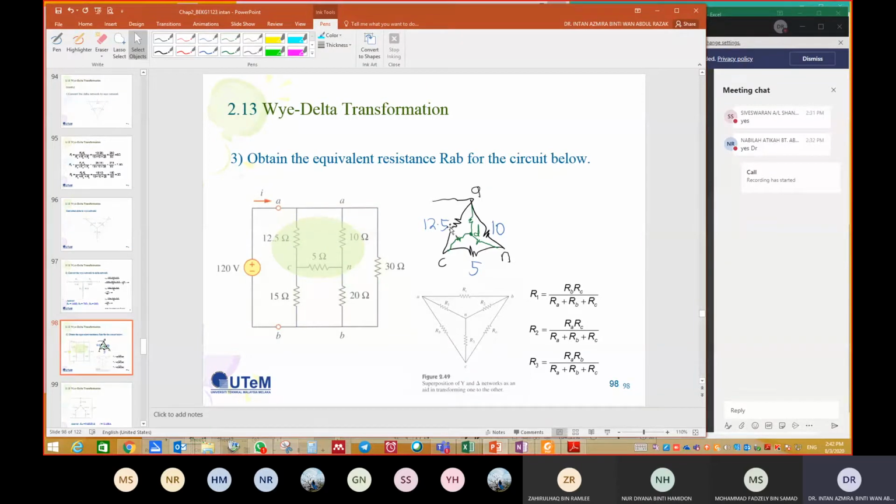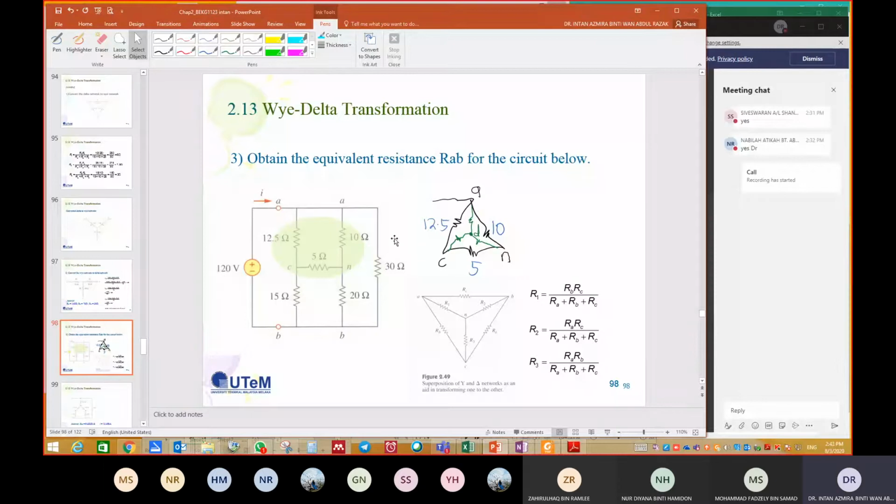Better you redraw the circuit so that you can see the form of delta. 12.5, we have C node here, and then we have 5, and at the end of 5 is N node, and then we have 10, and the other node is A here.